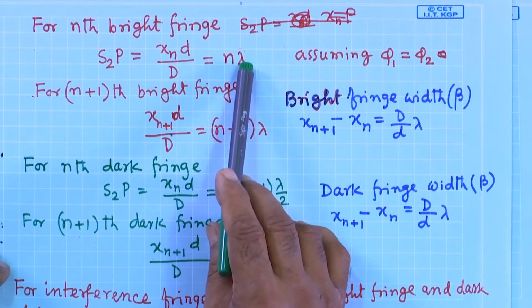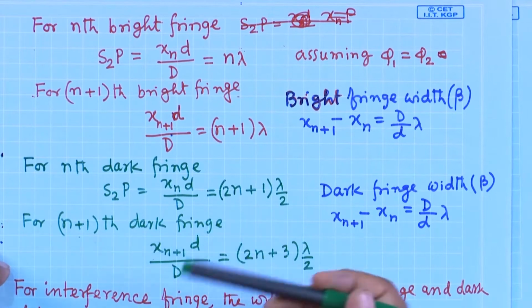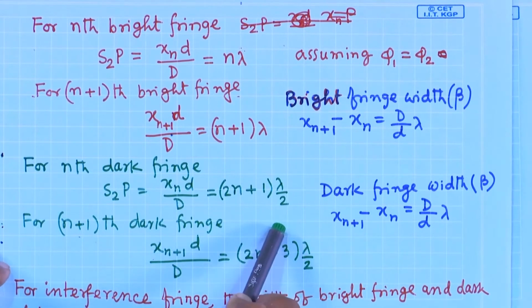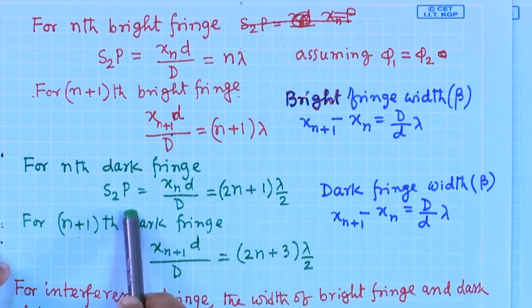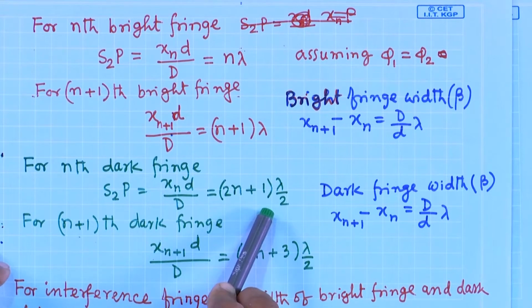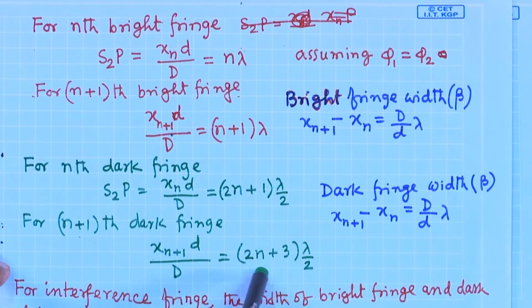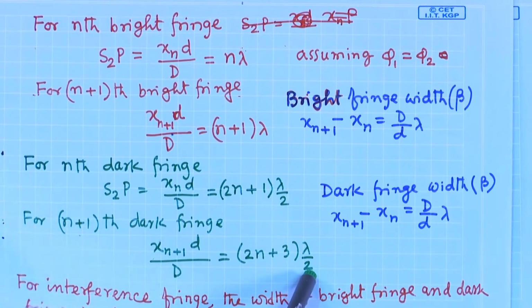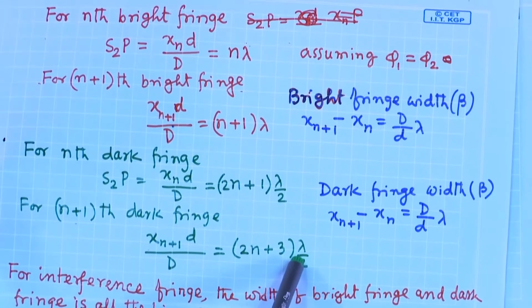the difference between the nth bright fringe and nth dark fringe, the path difference will be lambda by 2. Okay. So you will get the nth bright fringe with this path difference, and for the n plus 1th dark fringe, if we put n equal to n plus 1, this will be the path difference.